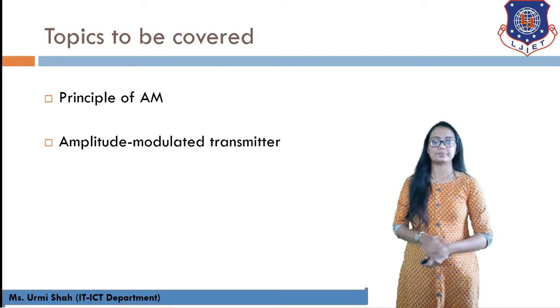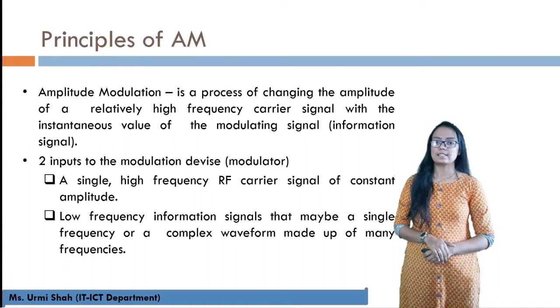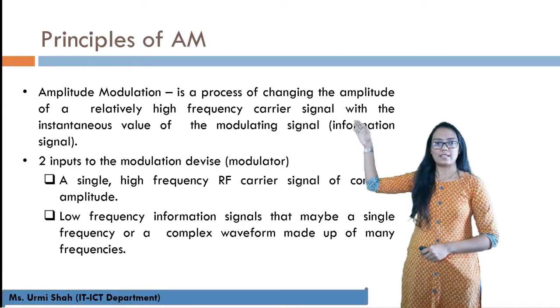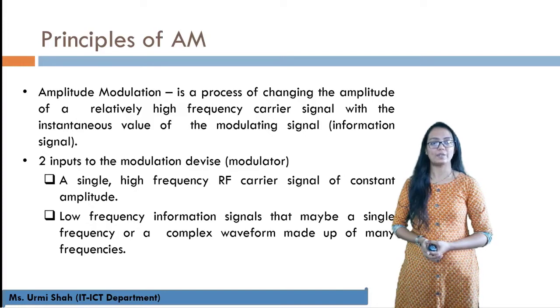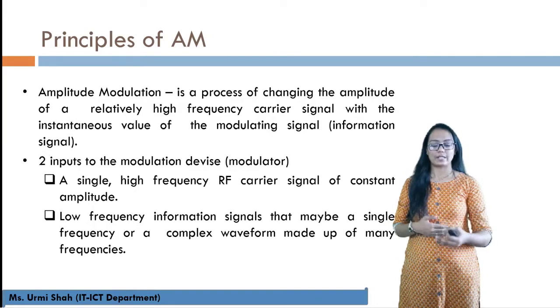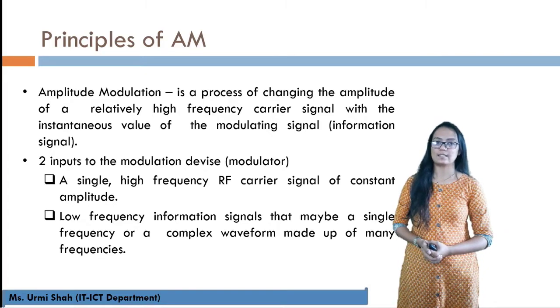So basically, principle of amplitude modulation says that amplitude modulation is a process of changing the amplitude of a relatively high frequency carrier signal with respect to the instantaneous value of the modulating signal.